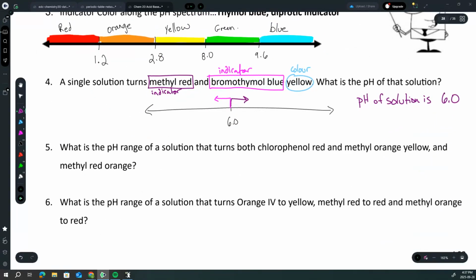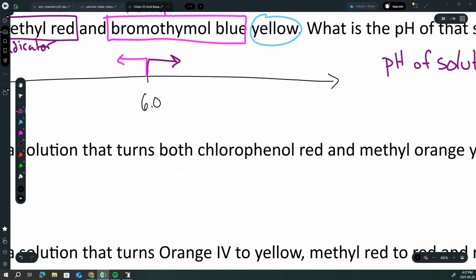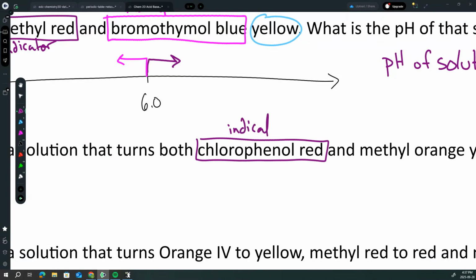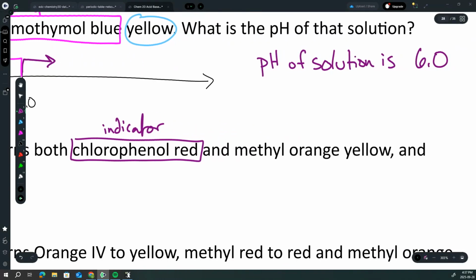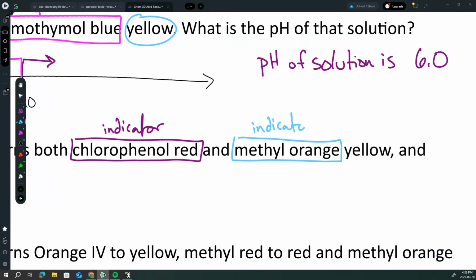All right, next one. What is the pH range? So we're going to have an answer that goes from one number to another, of a solution that turns both chlorophenol red, that is an indicator name, and methyl orange, that's the indicator name, both of them yellow, which is the color.